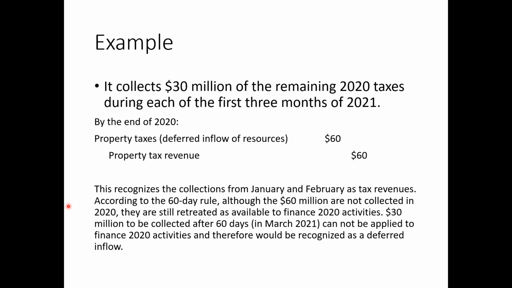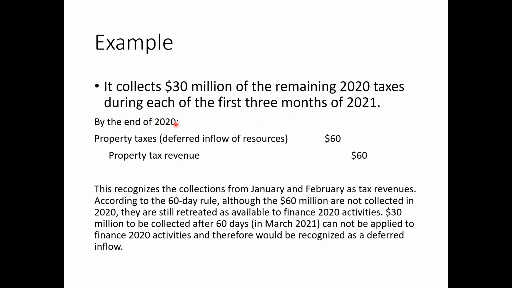It collects $30 million of the remaining 2020 taxes during each of the first 3 months of 2021. So in January we collect $30 million, February $30 million, March $30 million. Should we recognize revenues for 2020?